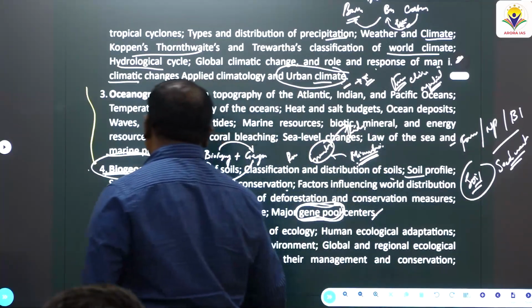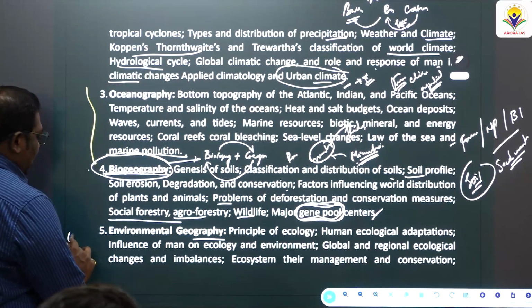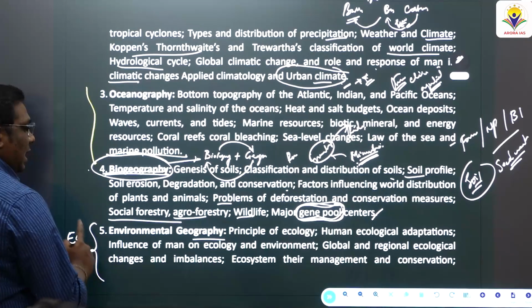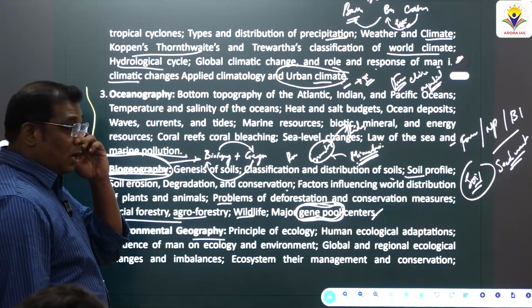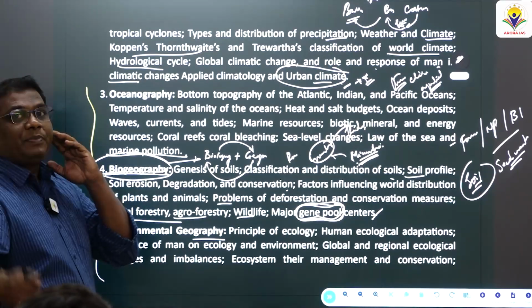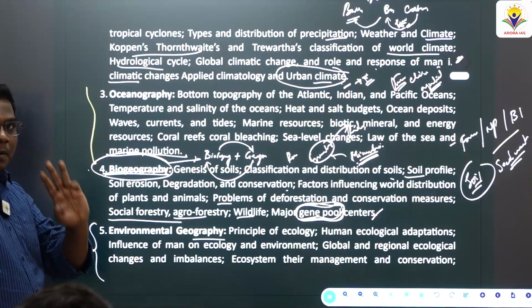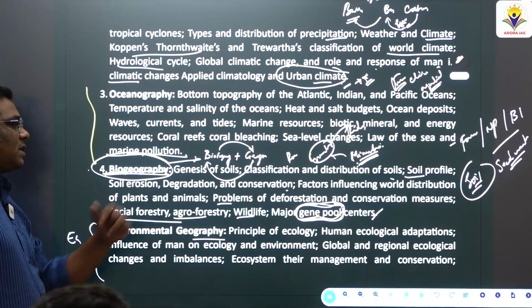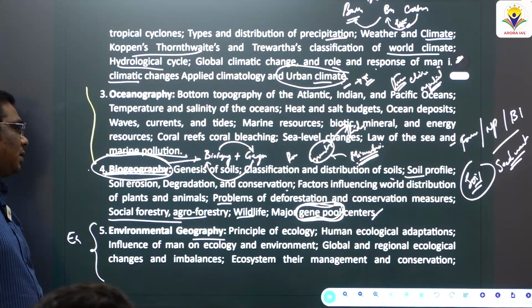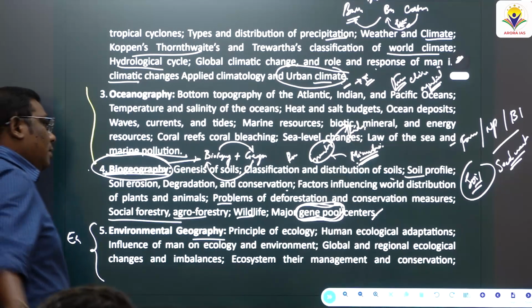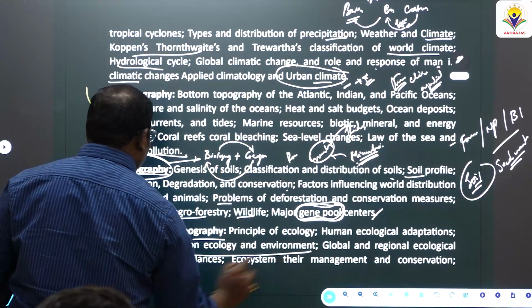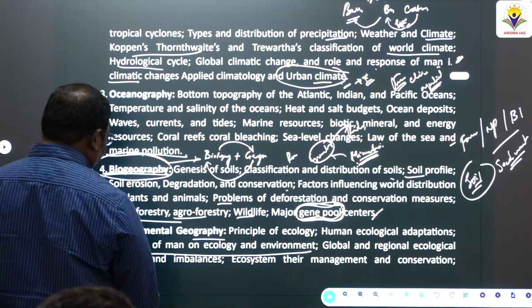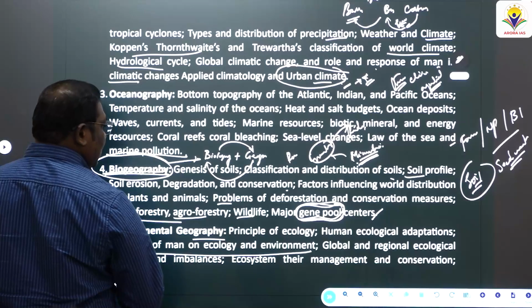And the fifth one, environmental geography. Here we will study ecology. This entire portion overlaps with the ecology of the preliminary examination and ecology and environment of paper 3 general studies. Principles of ecology, human ecological adaptation, influence of man on ecology and environment. Here we will see the influence of man on ecology and environment. Here it comes environmental ethics.